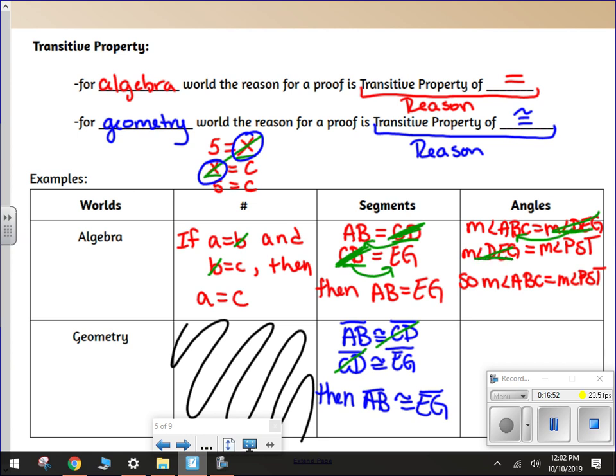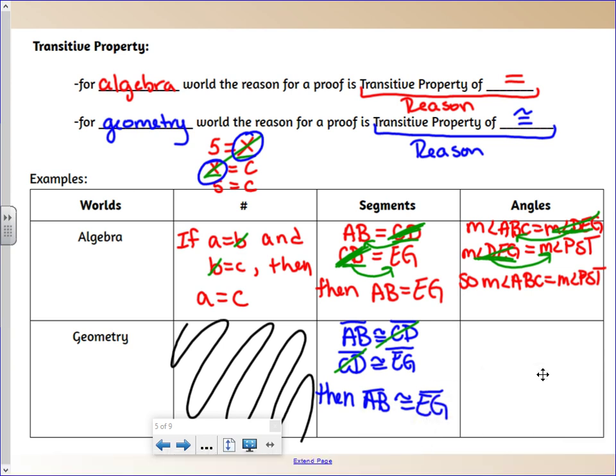And then it's the same thing in algebra world, but I drop the M and I put the congruent symbol. DEG is the link, so that I can conclude that angle ABC is going to be congruent to angle PST.